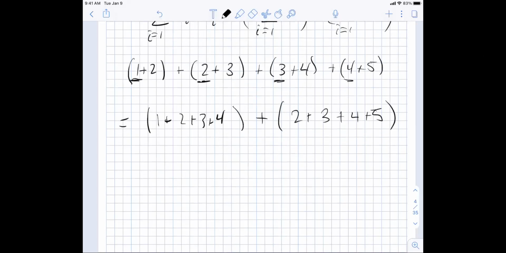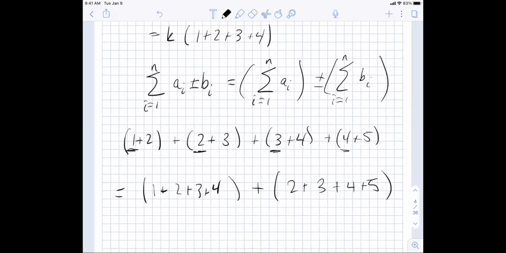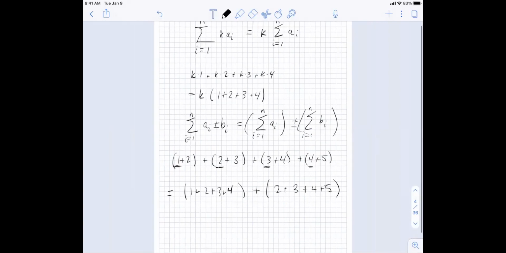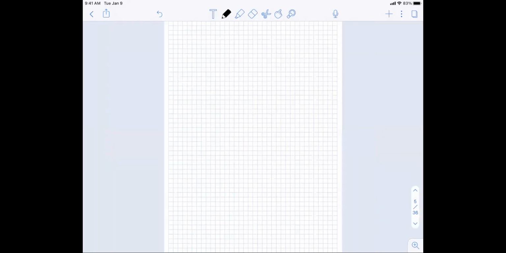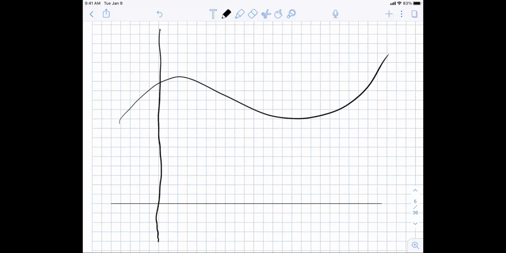All right, and then the one other thing, I just want to remind us of the picture of what's happening with what we're talking about today, okay? So, as a reminder, what we're trying to do is, if I have some, right now, positive function, some function that lies above the x-axis, this is y equals f of x.